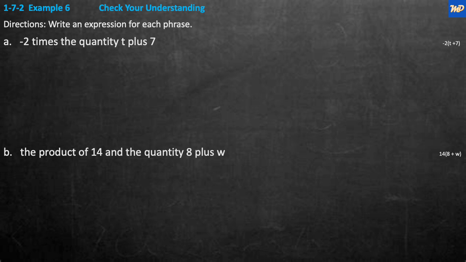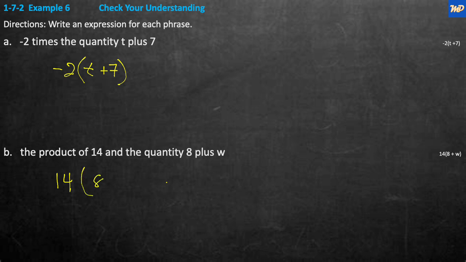So what do we have? For A, we have negative 2 times the quantity t plus 7. How about B? The product of, that's multiplying, right? Product of means you're going to multiply the first term and the second term. The product of 14, you don't say times the quantity because the product of is times the quantity, right?